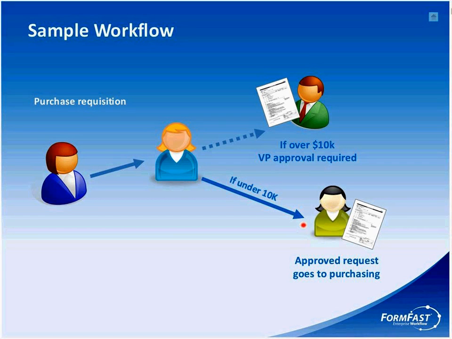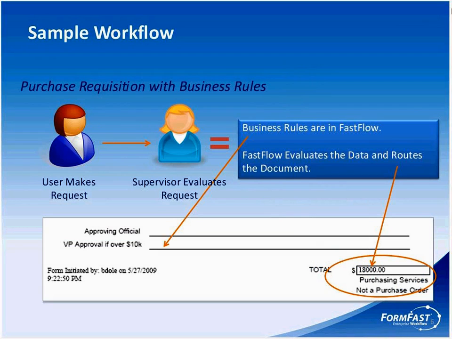If it's $1,000, it's approved in purchasing. So those rules were built right onto the form. Your form shows the rule. So all of these things are really intuitive. As you're building routes, our tool makes it easy for you to embed these rules and these routes into the system. So you can take a look at forms and understand what the routing will be to implement this in an organization.